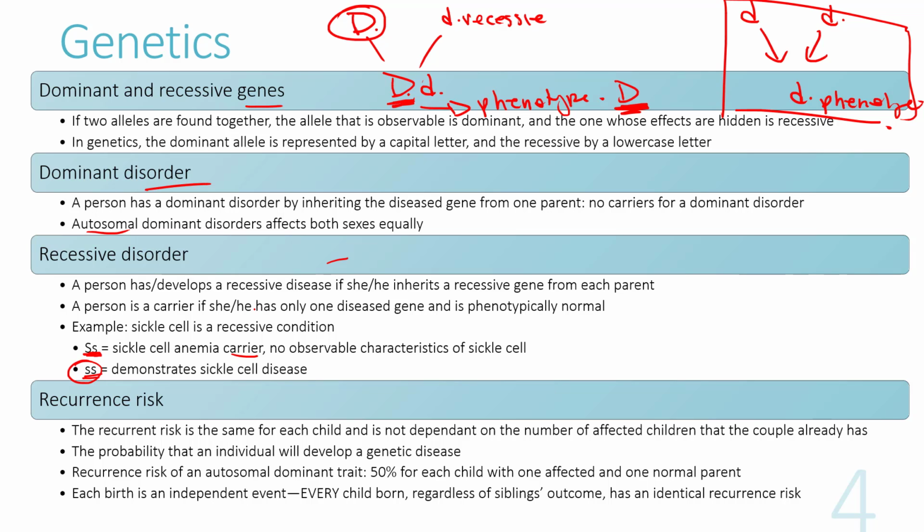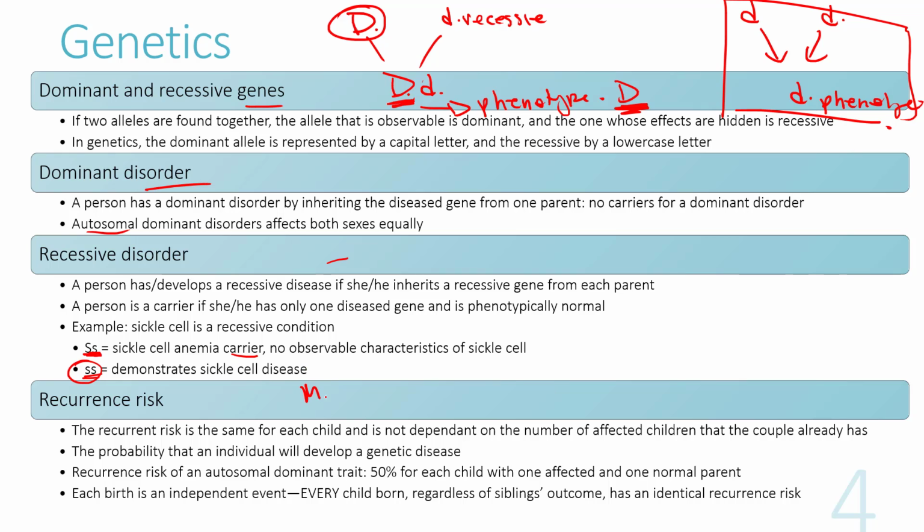Recurrence risk is basically what are the chances of a child having a certain disorder. Now, the chances of the child having a certain disorder is the same regardless of how many children a couple has, right? So for example, if you have 8 children and 4 of them have a disorder which has a 50% recurrence risk.